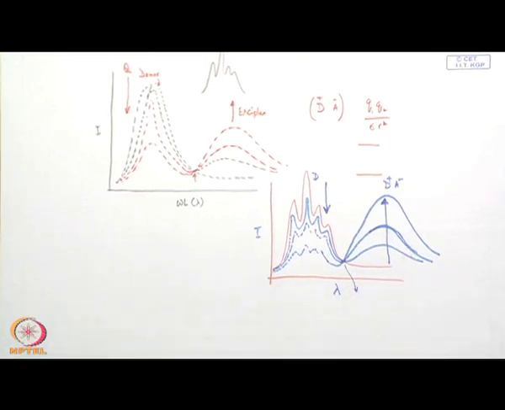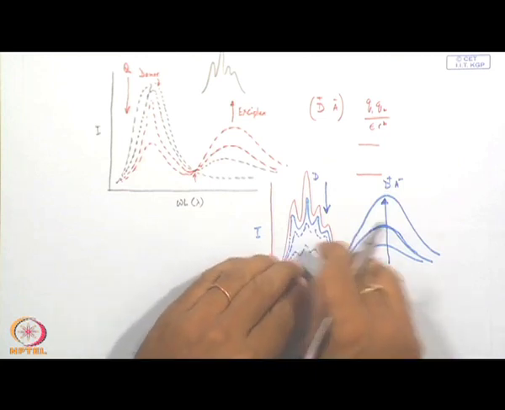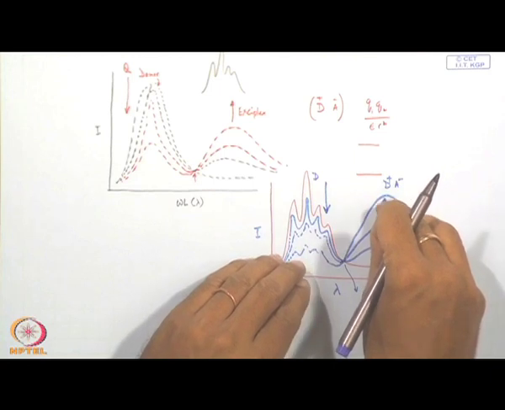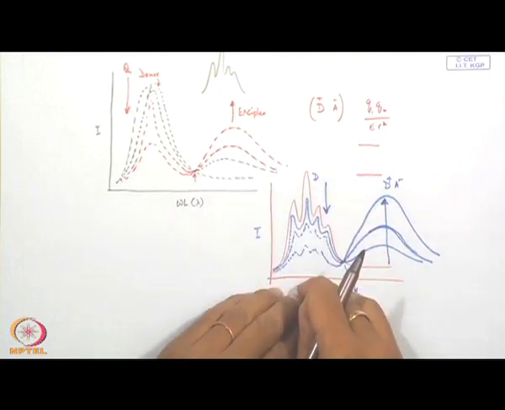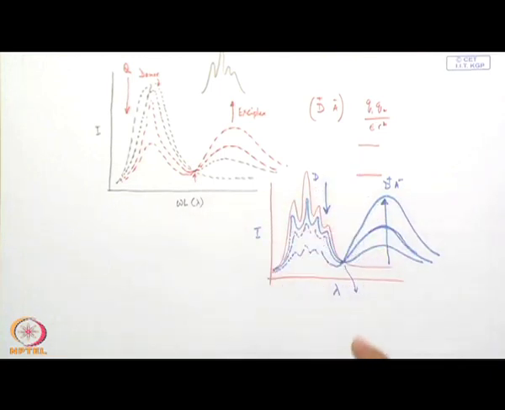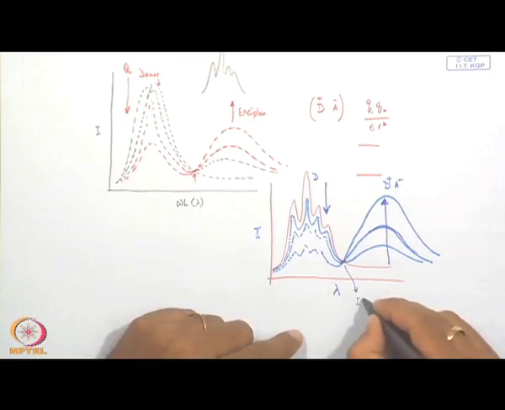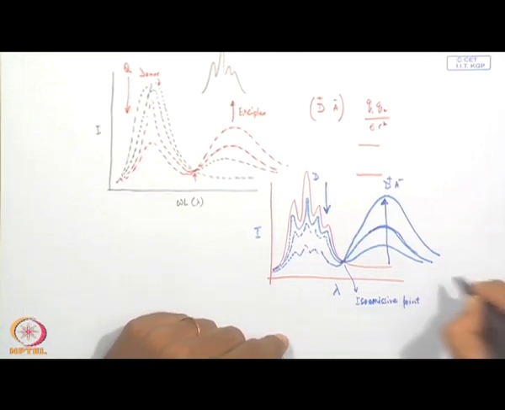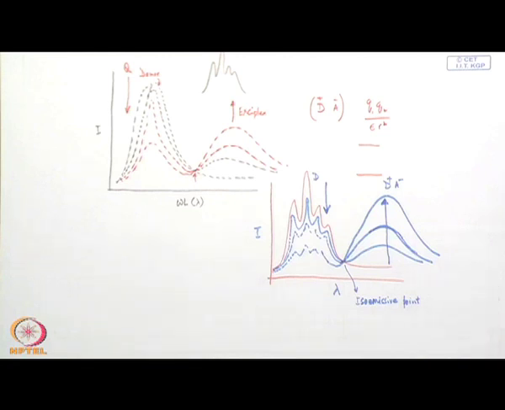That means there is an equilibrium. That signifies that this species is formed at the expense of the reduction of this species. That is why there is an isoemissive point, like the isosbestic point in UV visible spectra.